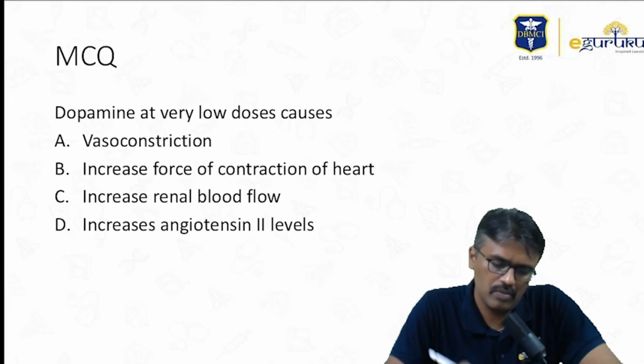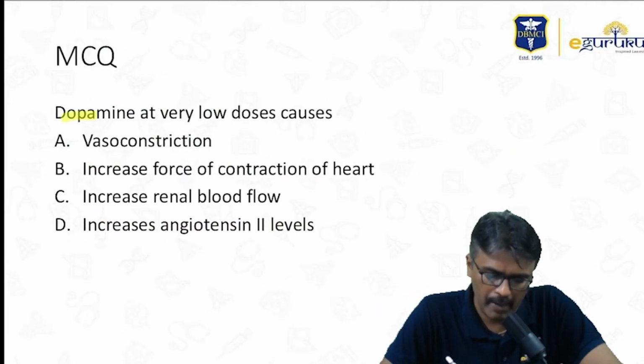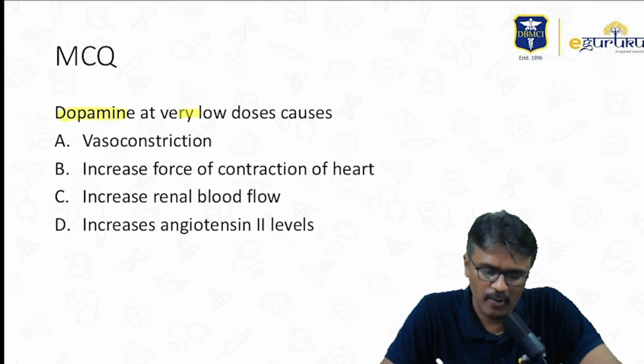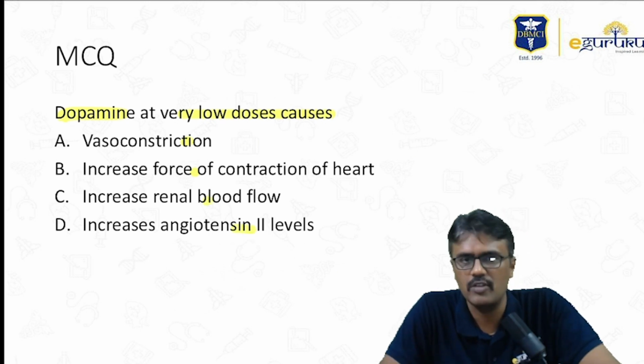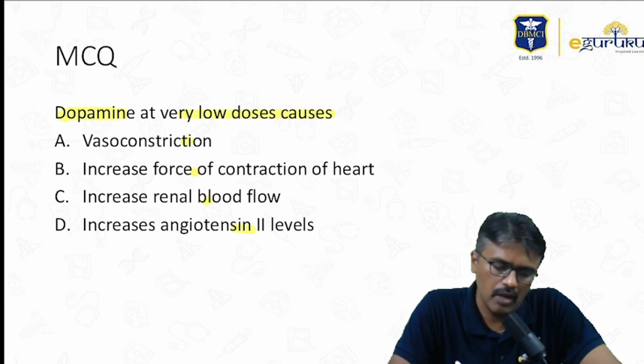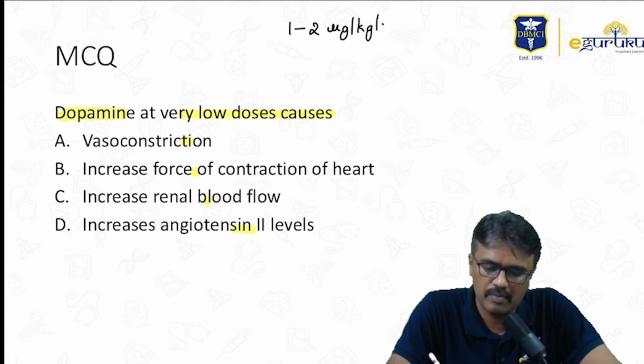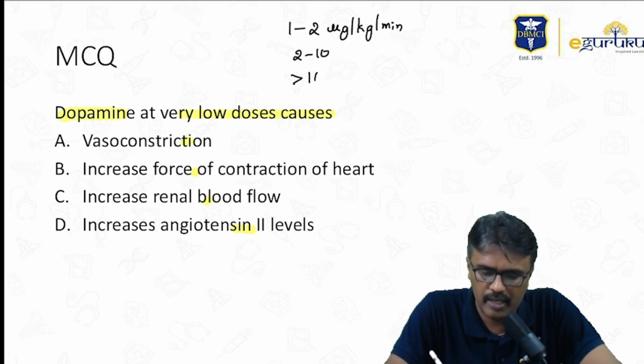Now moving on to one more question. Dopamine. So dopamine at very low doses causes vasoconstriction, increased force of contraction, increased renal blood flow, and increase in angiotensin 2 levels. Now dopamine, you can use it in different levels, 1 to 2 microgram per kg per minute. This is the low dose, and 2 to 10 and more than 10.